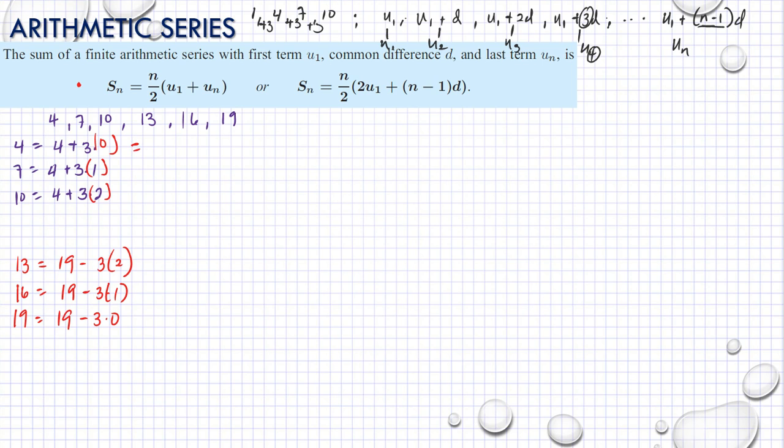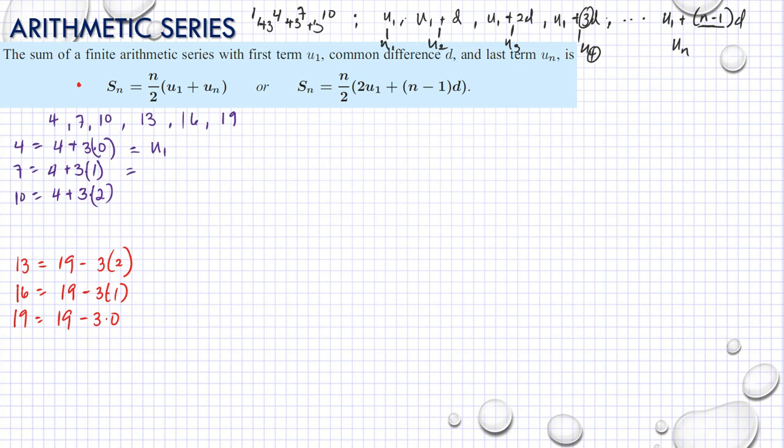This is our blue, so that you will not get confused. This one now can be used as u sub 1.